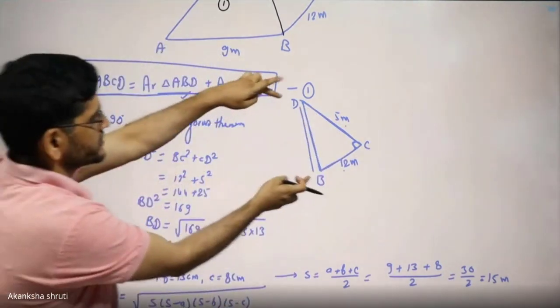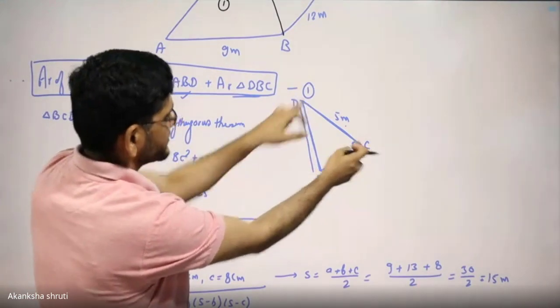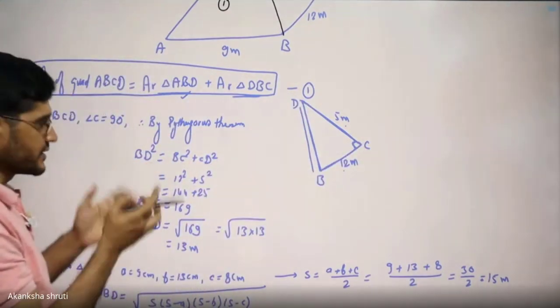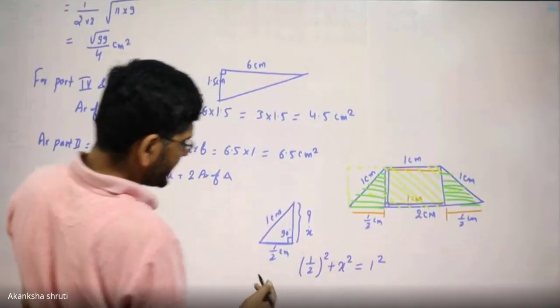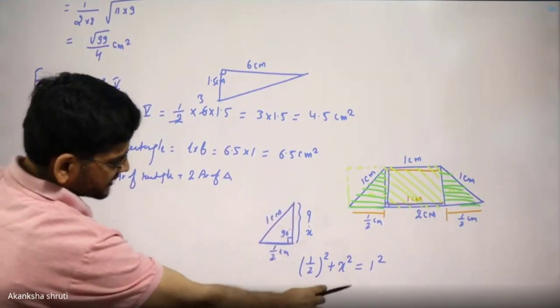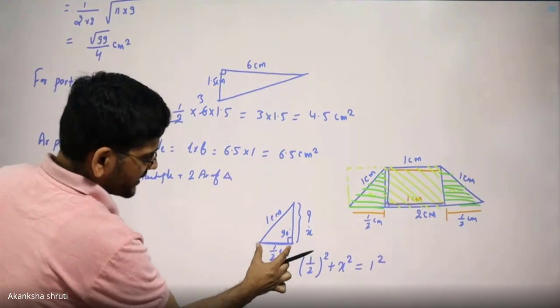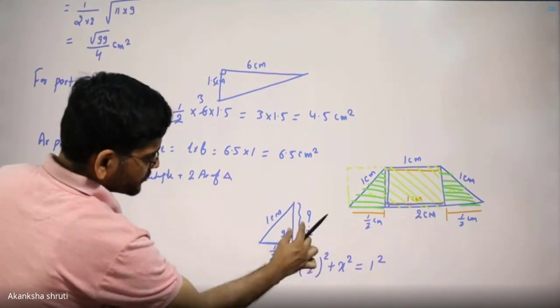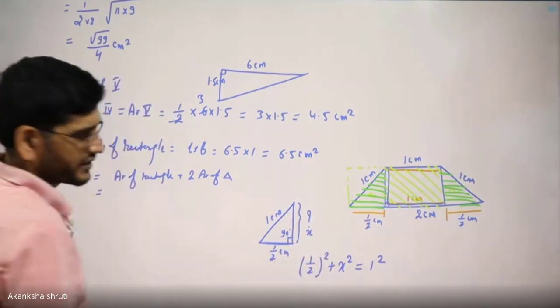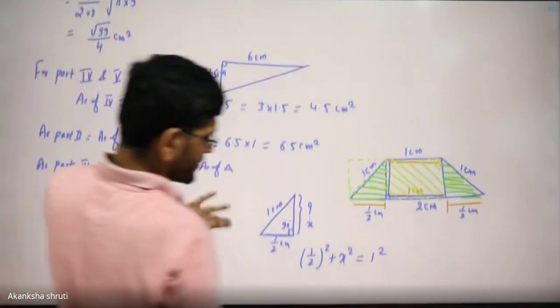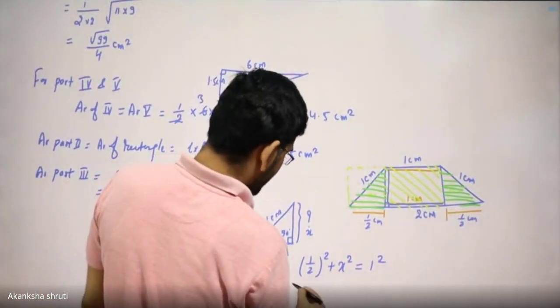So hypotenuse square is sum of this square plus this square.